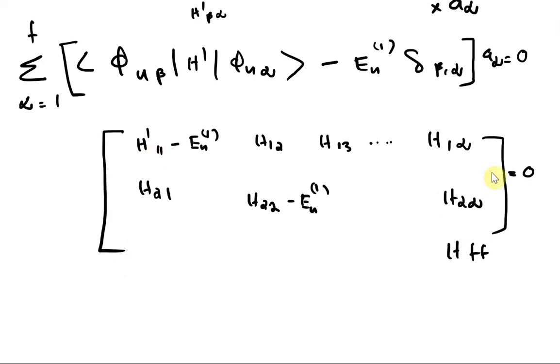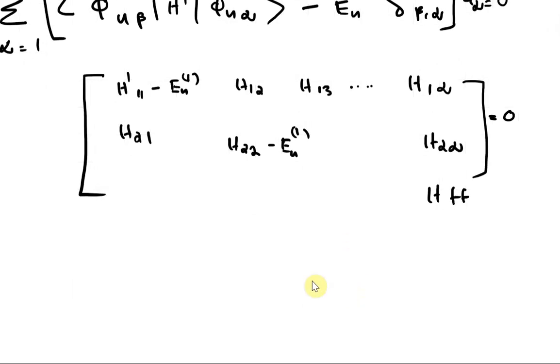So once you take the determinant of this entire matrix equal to 0, you'll be having an equation which involves E_n^1 of f order, right? It's a matrix of f order, the degeneracy whatever is there, that is the order of this polynomial in E_n. So if you solve that entire equation, you will be having f number of solutions for your E_n^1, and that is going to be the different values of your energy correction.